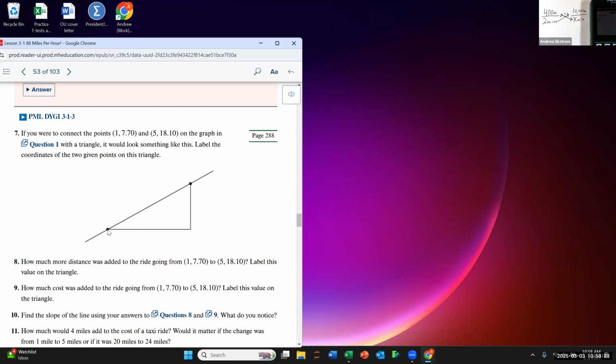So this is going to be 1 and 7.7, and this is going to be 5 and 18.1. Then label the values on the triangle. Anybody else a little bit confused as to what they mean by that?